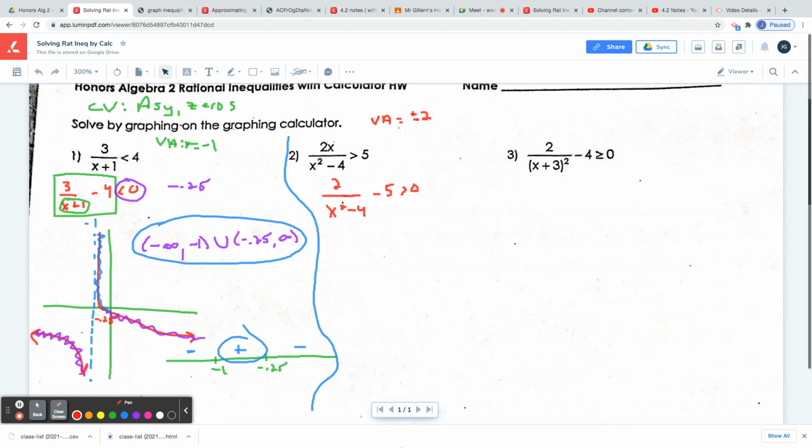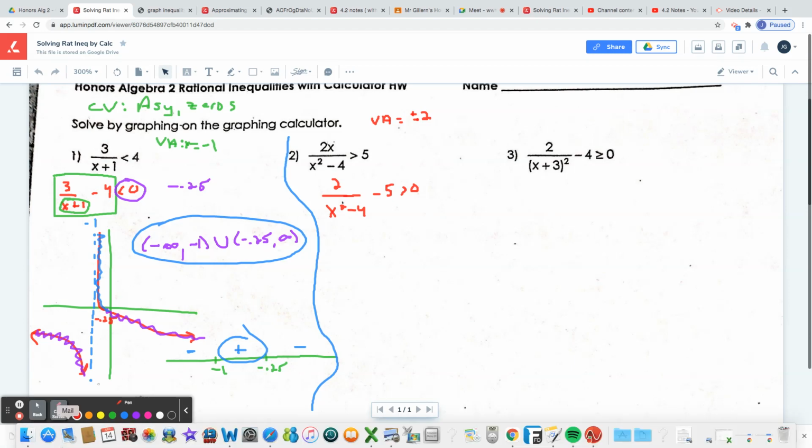So when you graph 2x over x squared minus 4 minus 5, you should see 2 vertical asymptotes. So go ahead and, if you have a calculator, graph that.